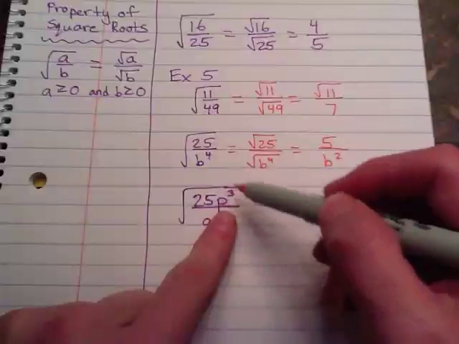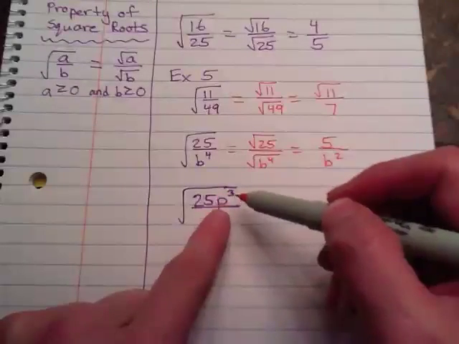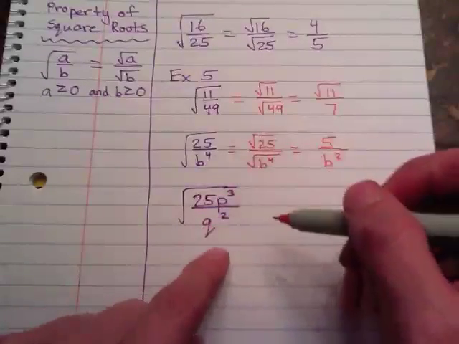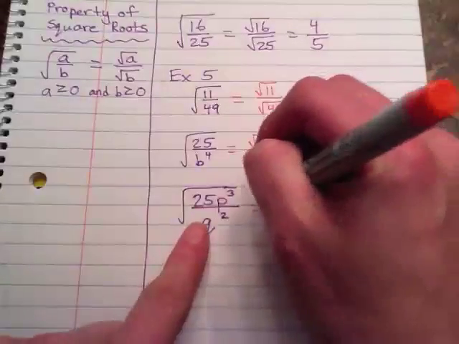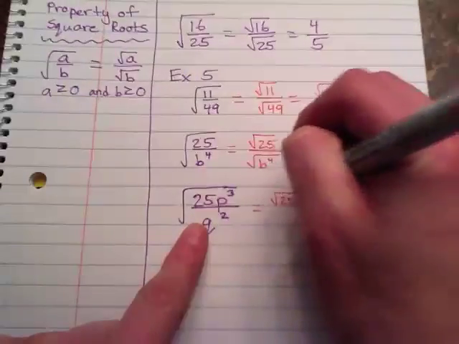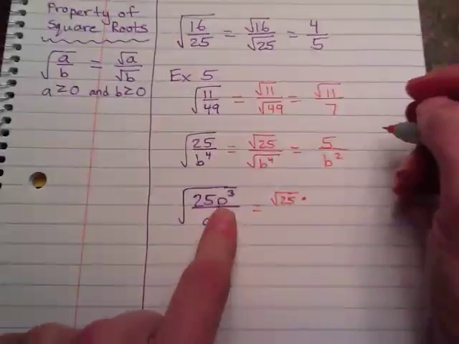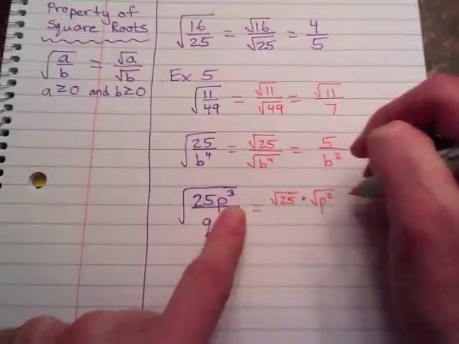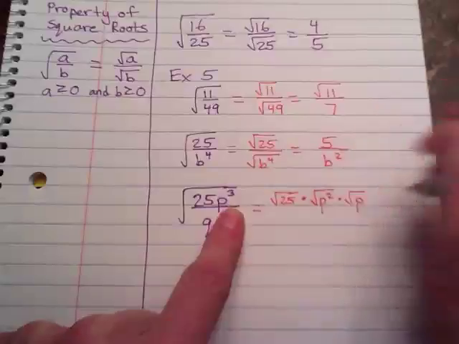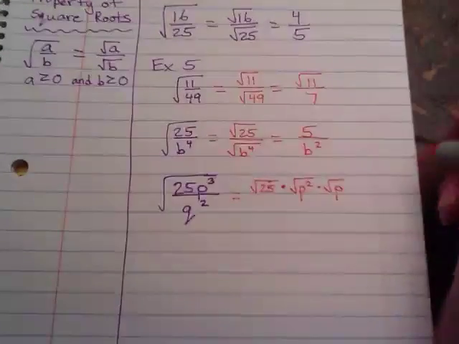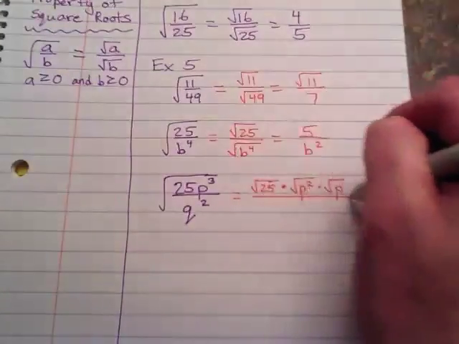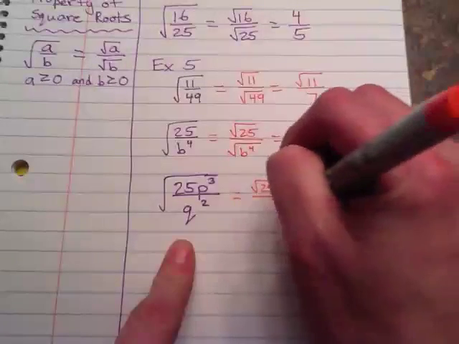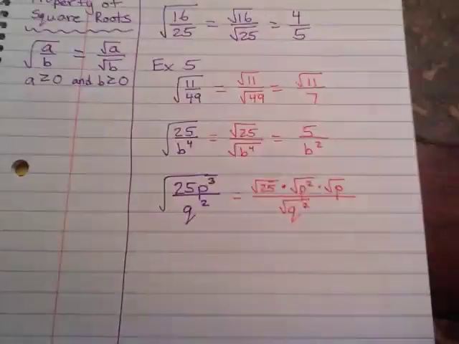I know this one isn't going to break down perfectly, but I know how to break that down from simplifying earlier. So you're just going to look at the top, square root of 25 times, and then again this was odd, so we want to take 1 away from it, so we have p squared, and then that oddball left over right there. And that's your numerator.